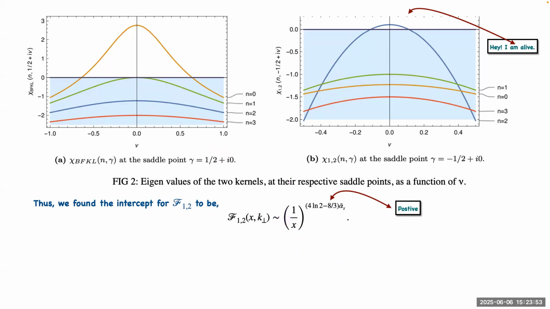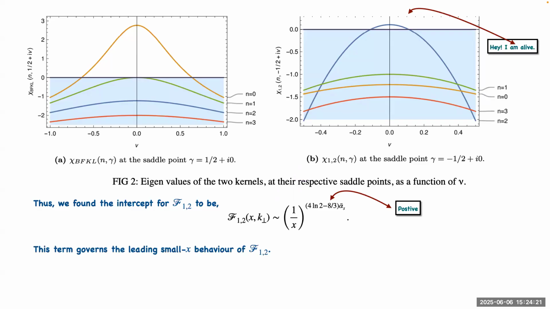Now x is a very small number. We know that; that's why we are here. But if I take 1 by x, it suddenly becomes a large number. And only positive powers of a large number will survive at small x. So these powers of 1 by x need to be positive. And only the power corresponding to the mode n equal to 2 was actually positive.